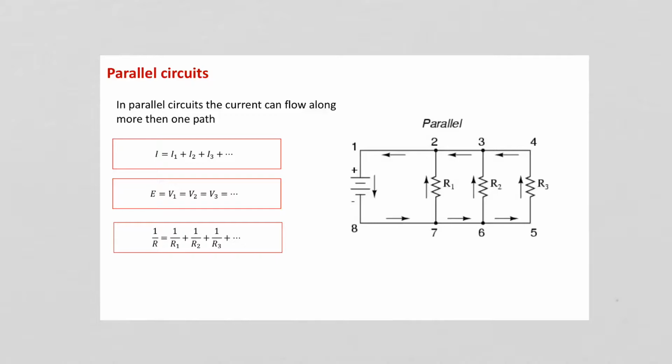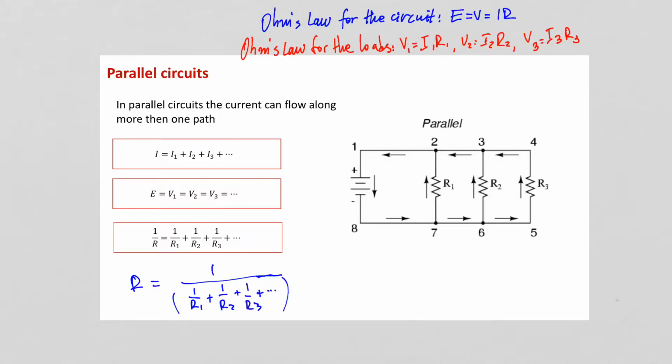And this formula is that the resistance R is equal to 1 divided by the sum of 1 over the resistance of the first resistor plus 1 divided by the resistance of the second resistor plus 1 divided by the resistance of the third resistor, and so on and so forth if there are more resistors added to the circuit.